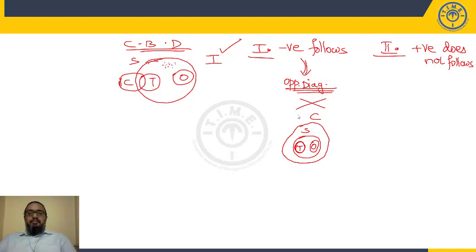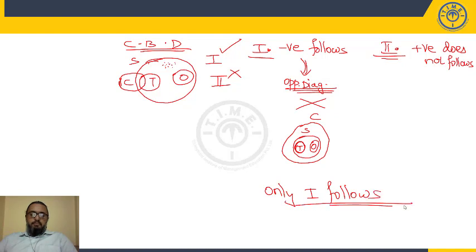So as per our regular thing, we will say since the opposite is not satisfying, the given negative follows, and since the second one is a positive, does not follow, we will take directly does not follow. So my answer is only one follows is the answer. That is first option. Understood the point? Okay, that's the difference between question number 75 and 79.